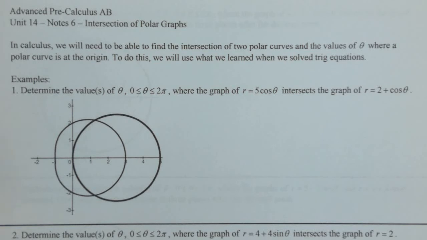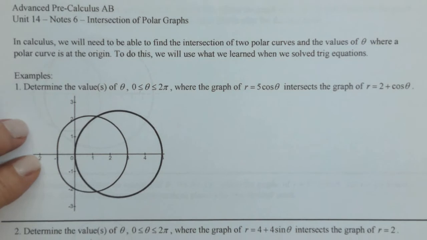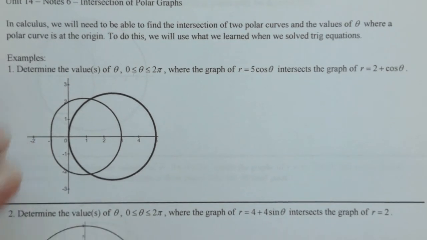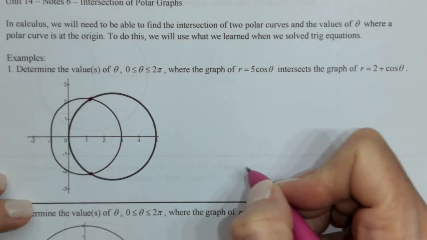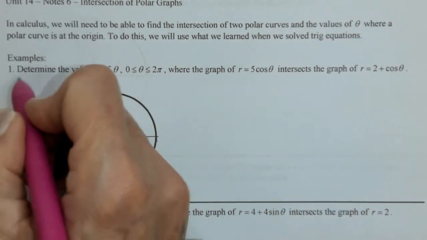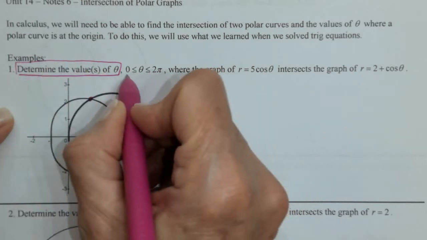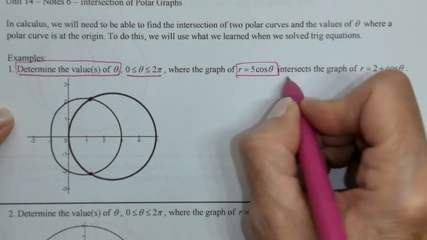All right. So one of the things we have to do is to find the intersection of two polar curves. And so I can see where these two polar curves intersect. They intersect right there. We're going to be finding the values of theta between 0 and 2 pi where these two graphs intersect.